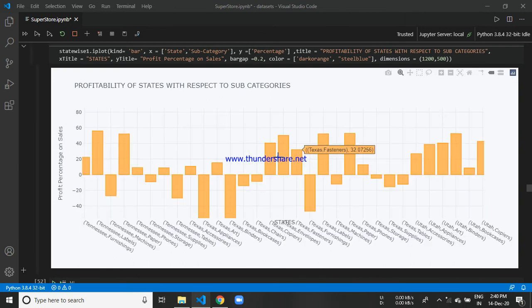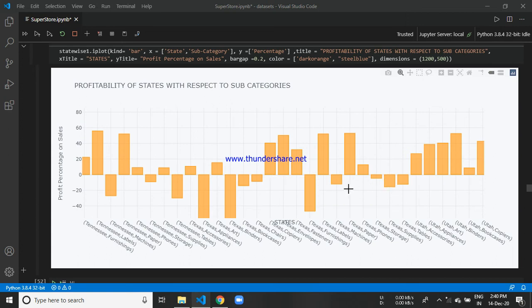Okay, so if we go to Texas, from here to the right here, Texas is not all bad. There are major contributors to the negative impact in Texas. One is binders, another is furnishings, third is bookcases, chairs.